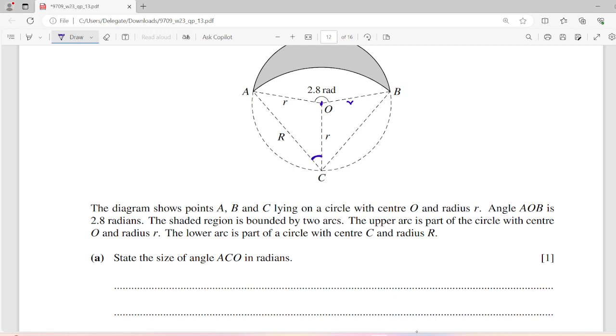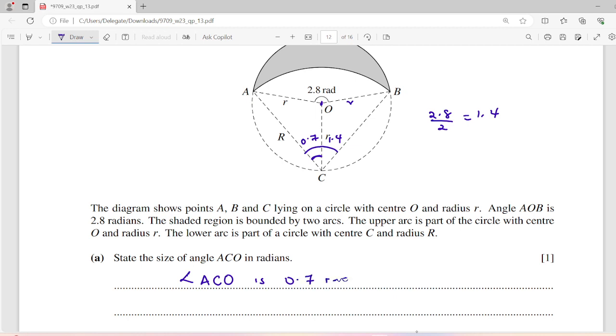So here, if I'm to take you back to circle properties, the angle that the arc subtends at the center is twice the angle at the circumference, meaning the whole of this angle is 2.8 divided by 2, which is simply 1.4, making this one here 0.7, meaning angle ACO is 0.7 rad.